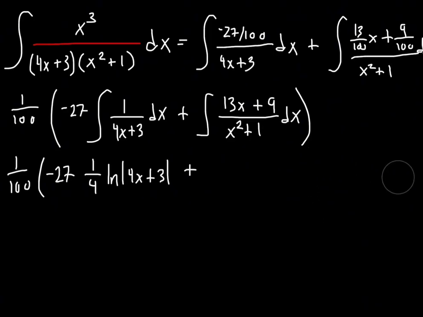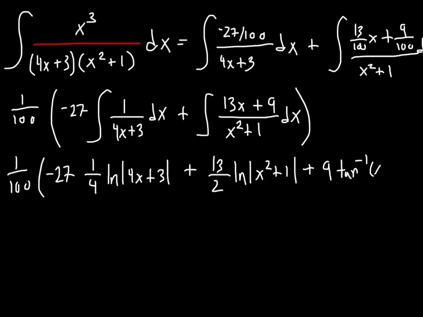So our final answer will simply be 13 over 2 ln with an absolute value of x squared plus 1 plus 9 arctan of x plus the constant of integration. And I'm just going to take the c out because it doesn't matter, because if I multiply c with this, it's still c because c is a constant.